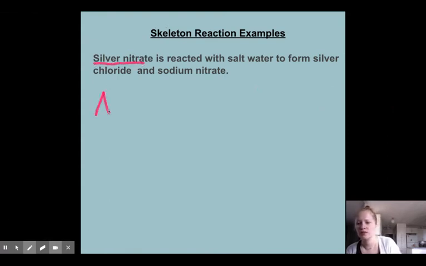Silver nitrate, AgNO3. Check to make sure this is a balanced compound. Silver is 1 positive, nitrate is 1 negative, so therefore it's balanced. Reacted with, this is our plus, salt water. Salt is one that you need to know, and salt is sodium chloride.